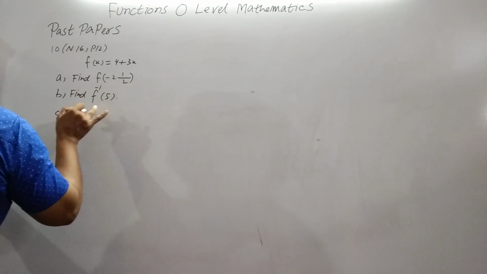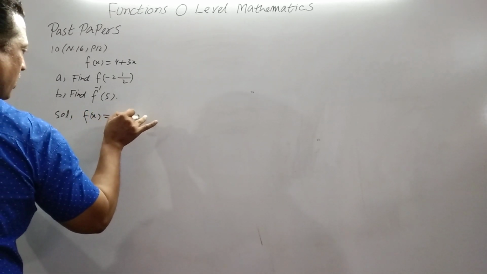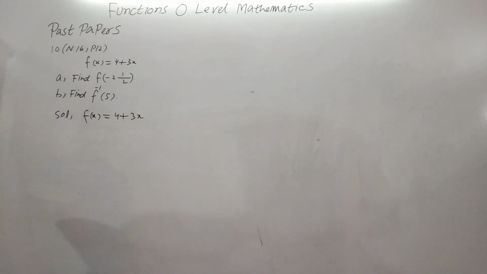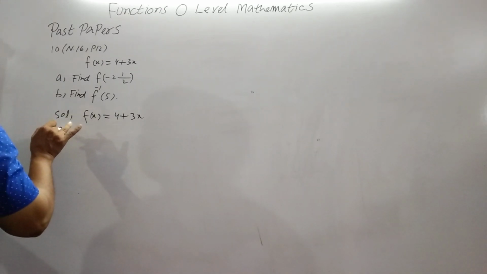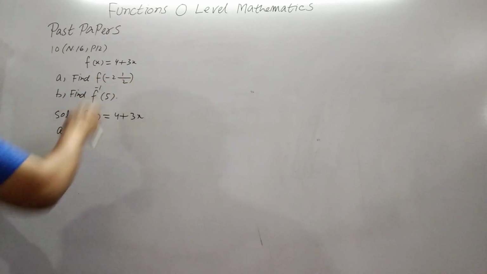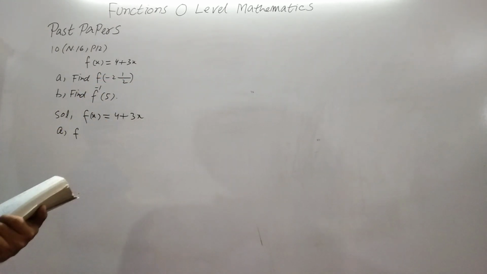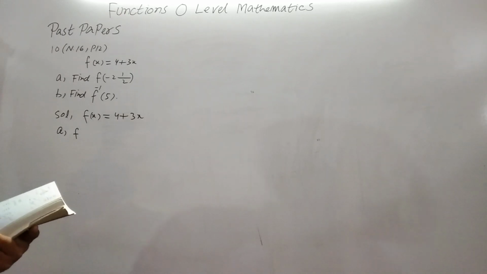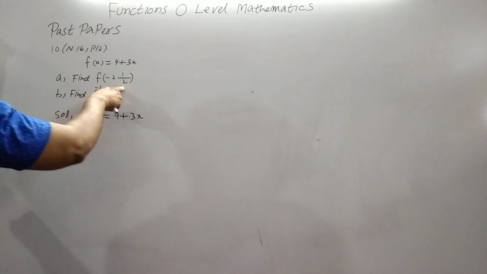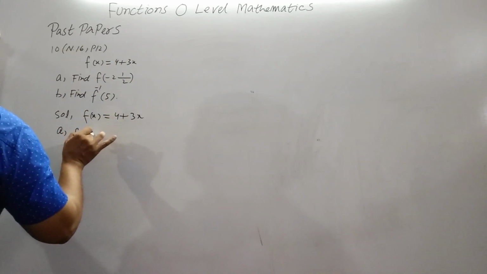Solution: given that f(x) is equal to 4 plus 3x, the first part is A, f of minus 2 whole 1 upon 2. This is a mixed number, so first we have to convert this mixed number into an improper fraction. 2 into minus 2 is minus 4, minus 4 minus 1 is minus 5 upon 2.